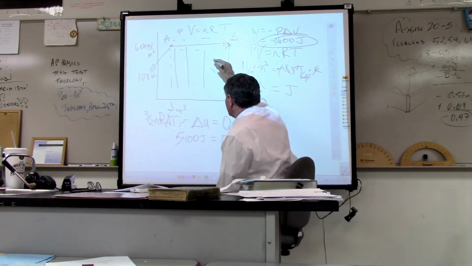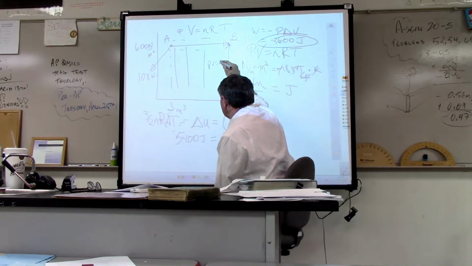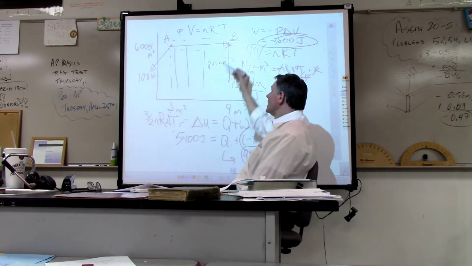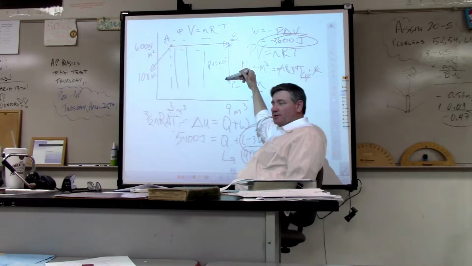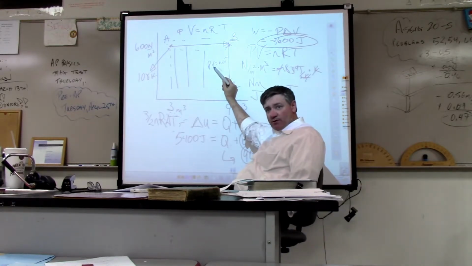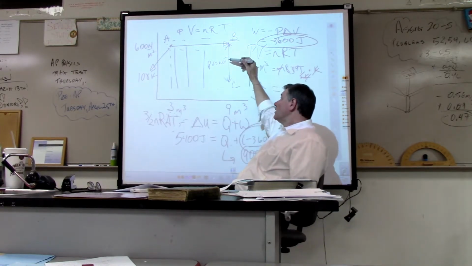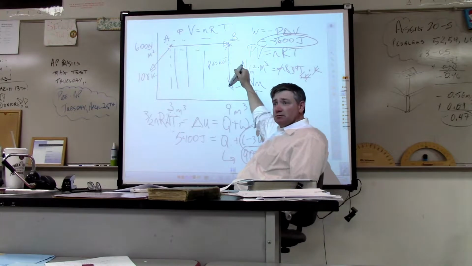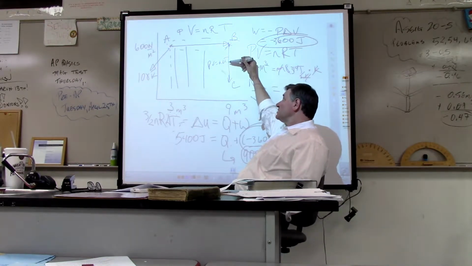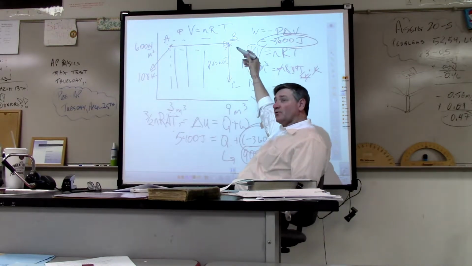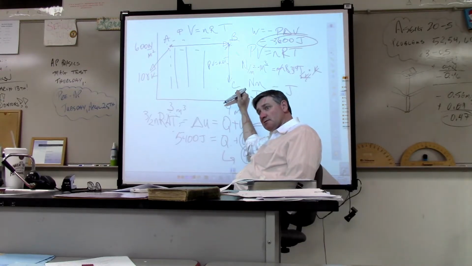If you're going down like this, start with PV equals nRT. As you go down from here to here, what happens to the volume? Stays the same. I got a constant volume. What happens to the pressure? It drops. I can't change N or R, so therefore I have to drop the temperature.